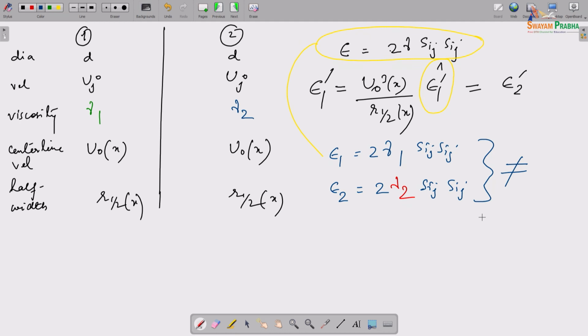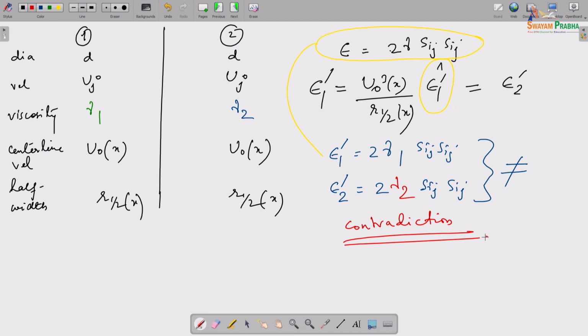Then there seems to be a contradiction. If I use this, they're the same, but if I use this expression by the definition, then they are not. So this is a contradiction which arises. How do we explain that?